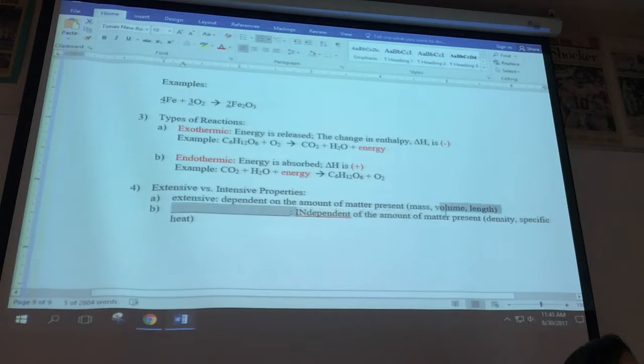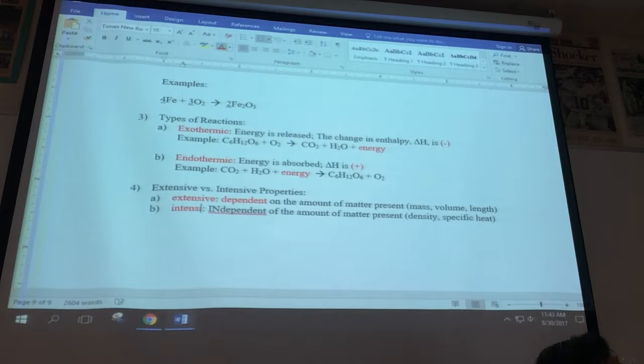Some of them do not depend on how much matter you have. Extensive properties are those that do depend on the amount of substance, so mass, volume, length, etc. Intensive properties do not depend on how much matter you have.